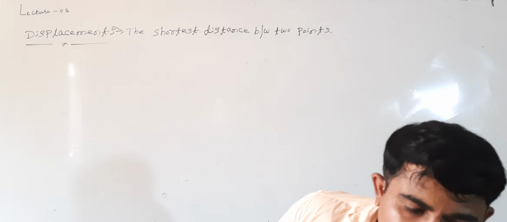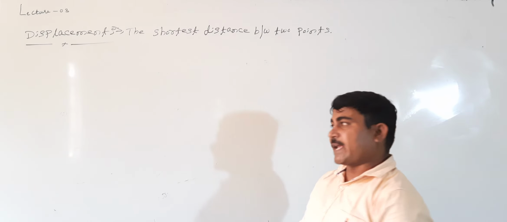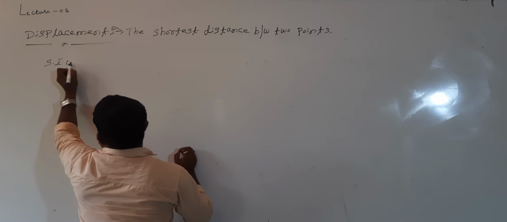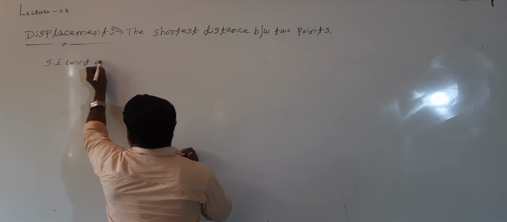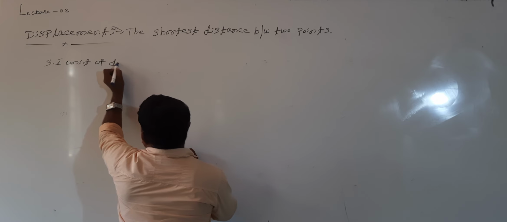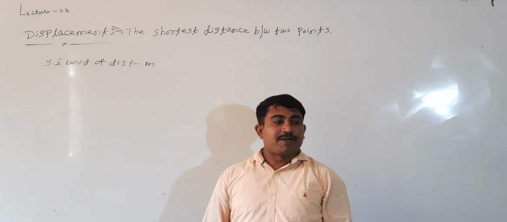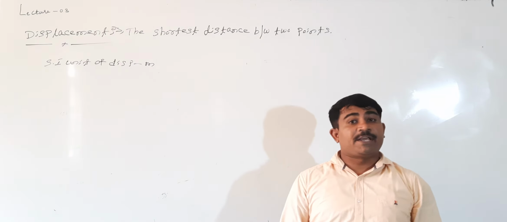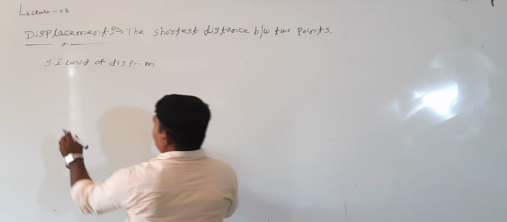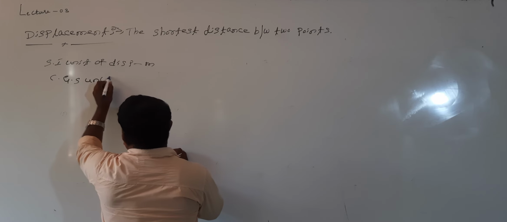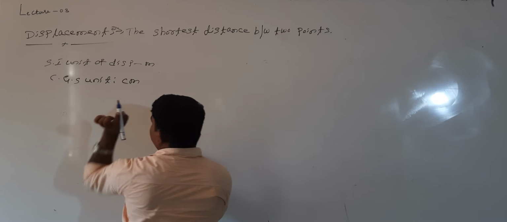Let us see the SI unit and CGS unit. The SI unit of displacement is meter. I mean, displacement is measured in meter in SI. In CGS unit, this is measured in centimeter.